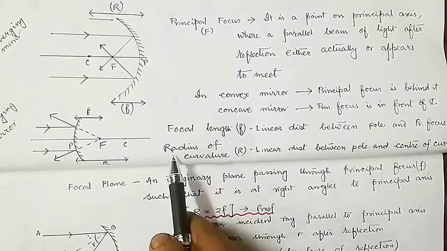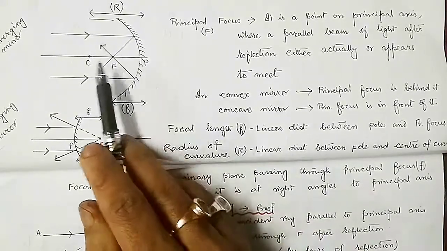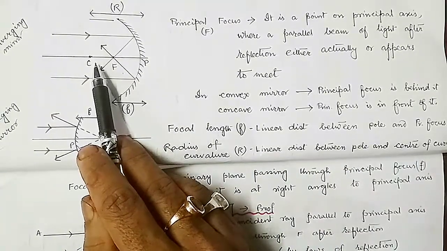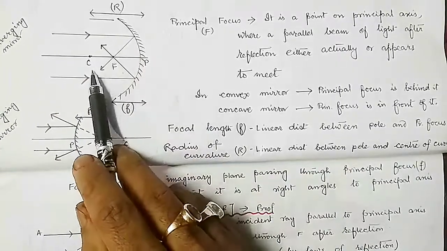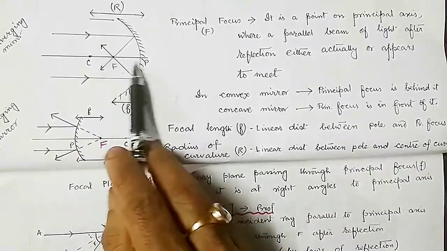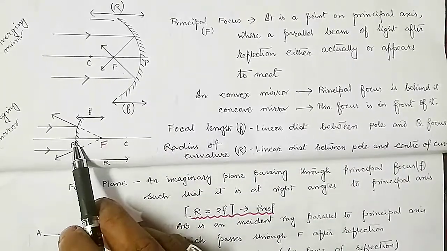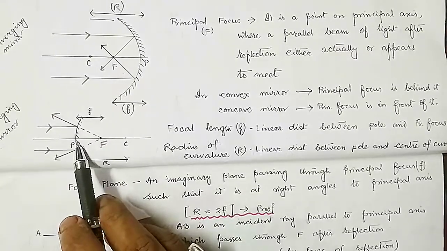And now the next term is radius of curvature. The linear distance between the pole and the center of curvature of a spherical mirror is called radius of curvature, which is represented by the symbol capital letter R. So here CP, this distance is called radius of curvature. Here it is C to P. That means the distance between center of curvature and the pole of the mirror.